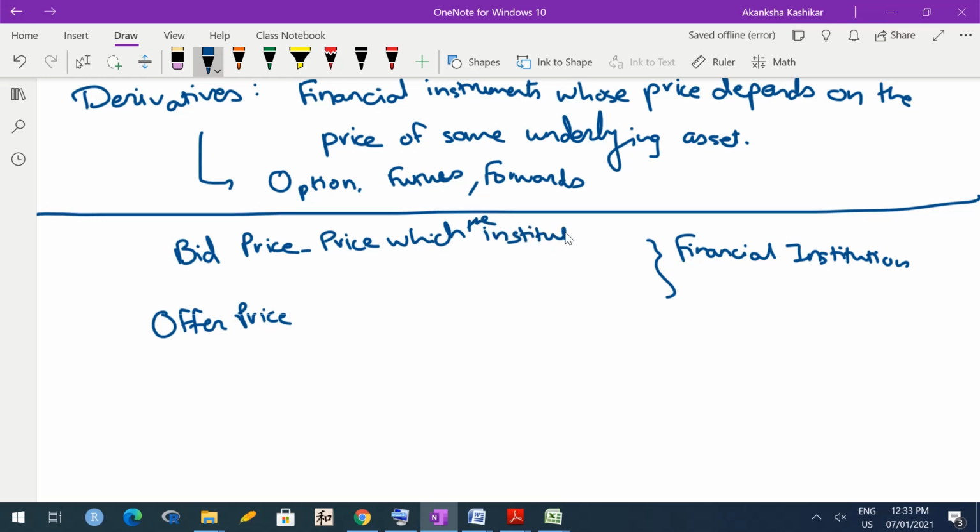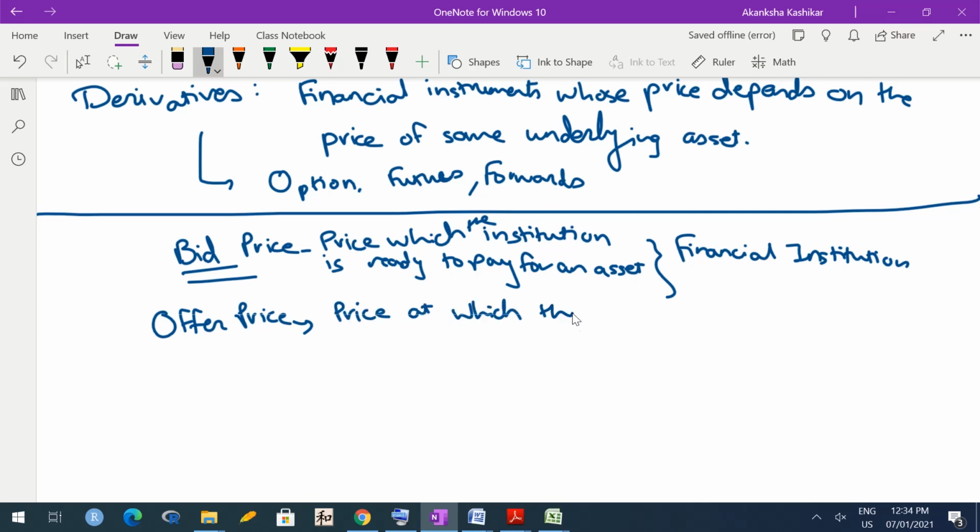So if that institution wants to buy a particular asset, they are going to buy at this price. They are ready to buy at this price. They don't want to pay more than this. Whereas offer price is the price at which the institution is ready to sell a particular asset.